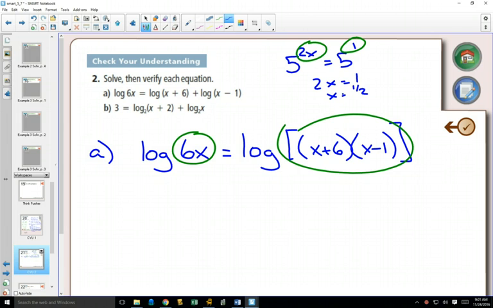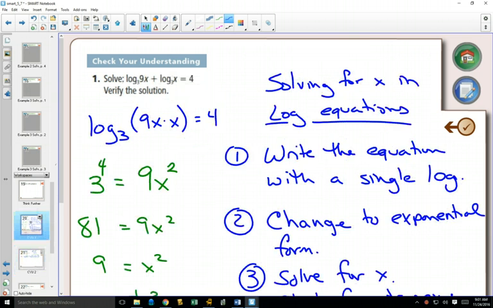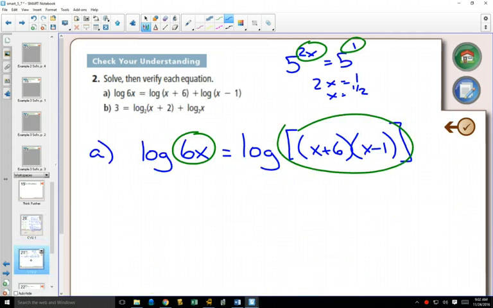Well, we solve it like this all the time if there was a log on both sides. But if we look back at our first example, right, there wasn't a log on this side. You could change 4 to log base 3 of 81, but that's not as easy to do as that method. And so this only happens if all you have is logs and logs on both sides.